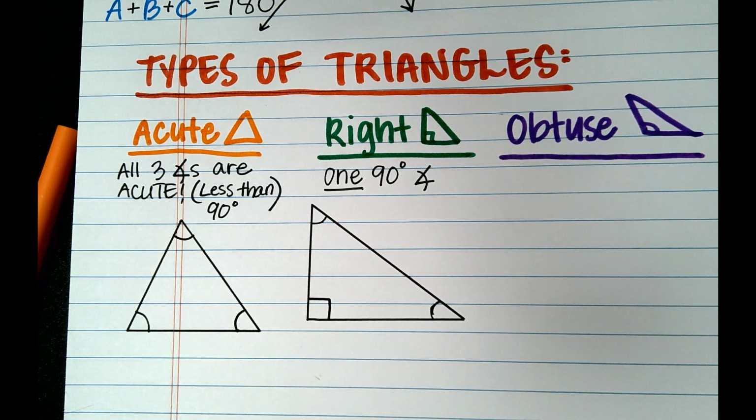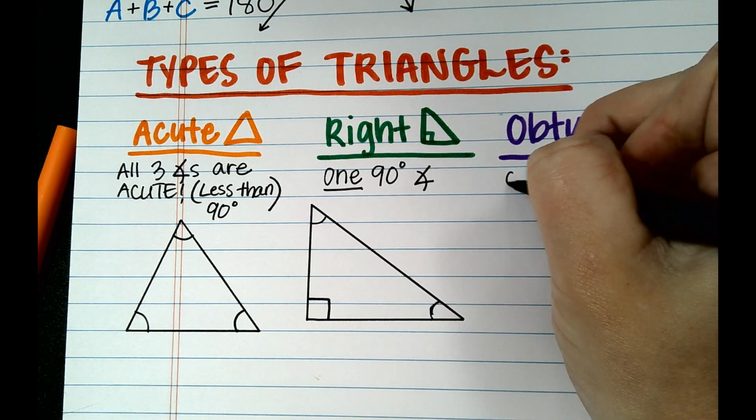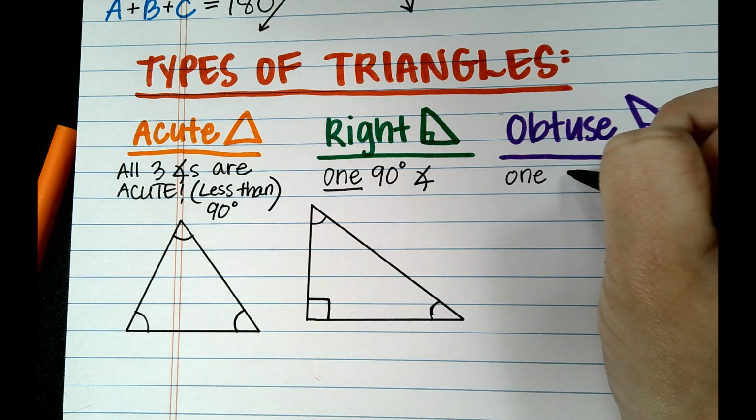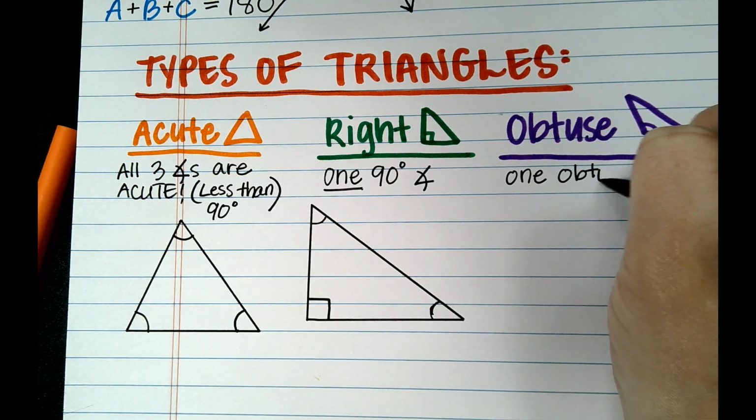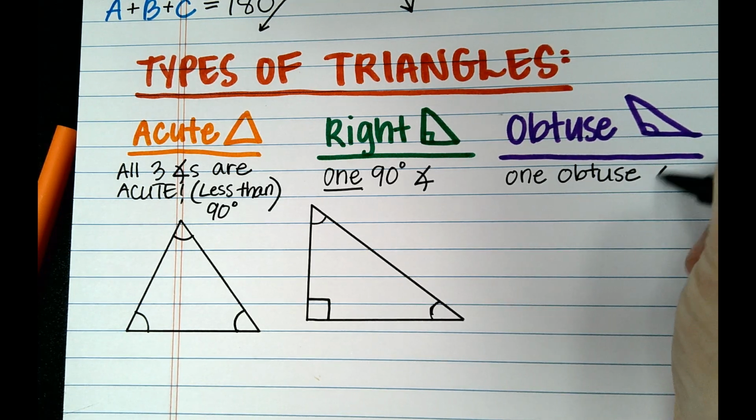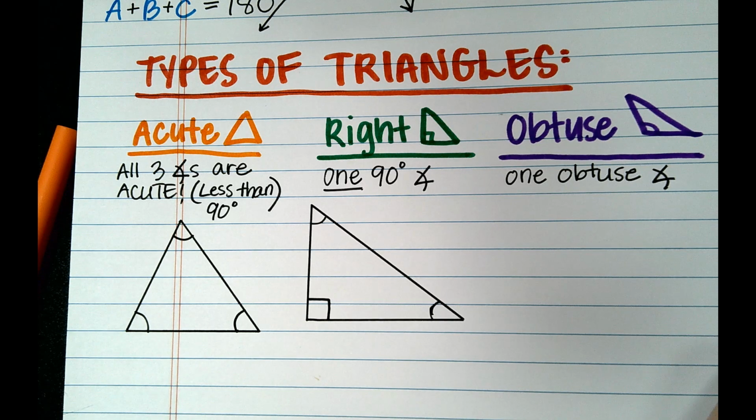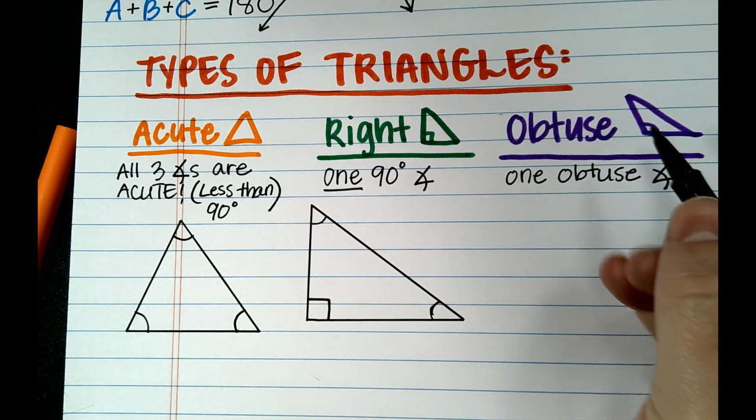An obtuse triangle just has one obtuse angle. So one angle, which is an angle that is bigger than 90 degrees.